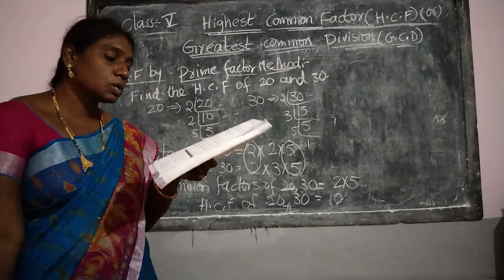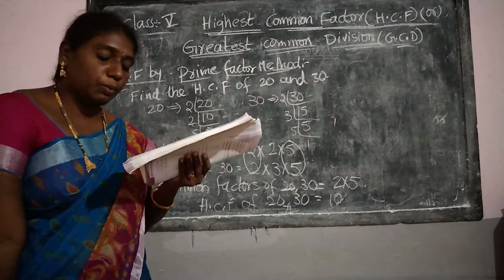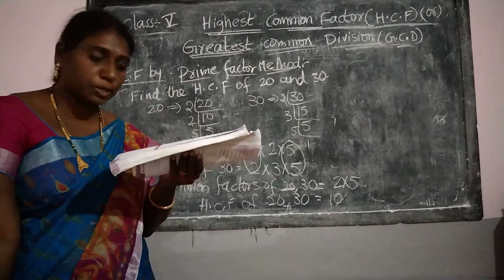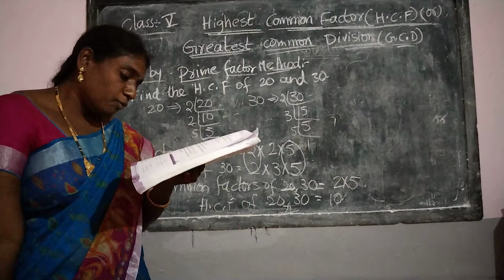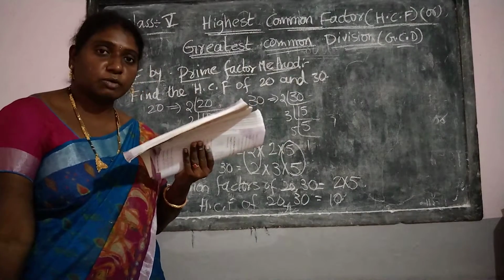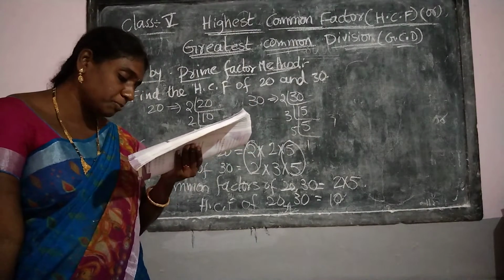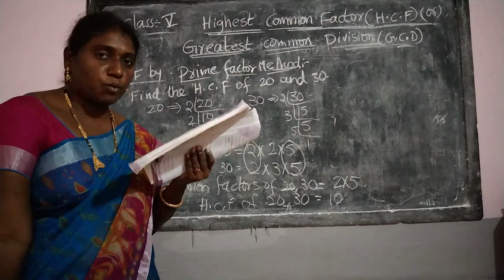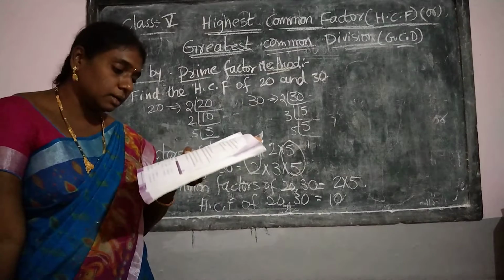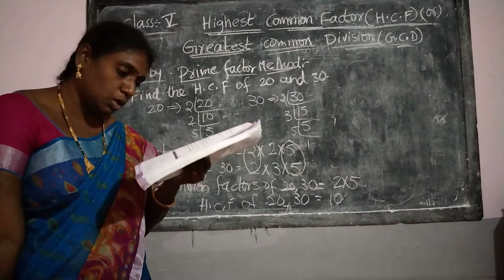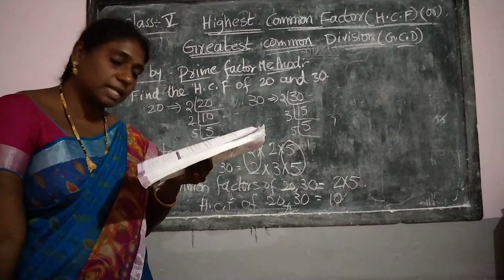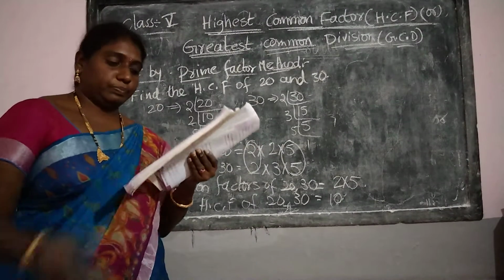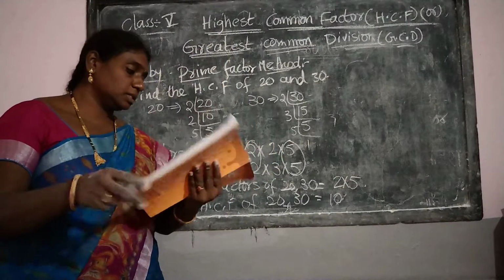So exercise number 2, page number 117. Here, find the HCF using the factorization method in the first bit, and find the HCF using the prime factor method in the second bit. I already explained these two methods now, so complete these two bits of exercise number 2 yourself, based on the methods I explained.